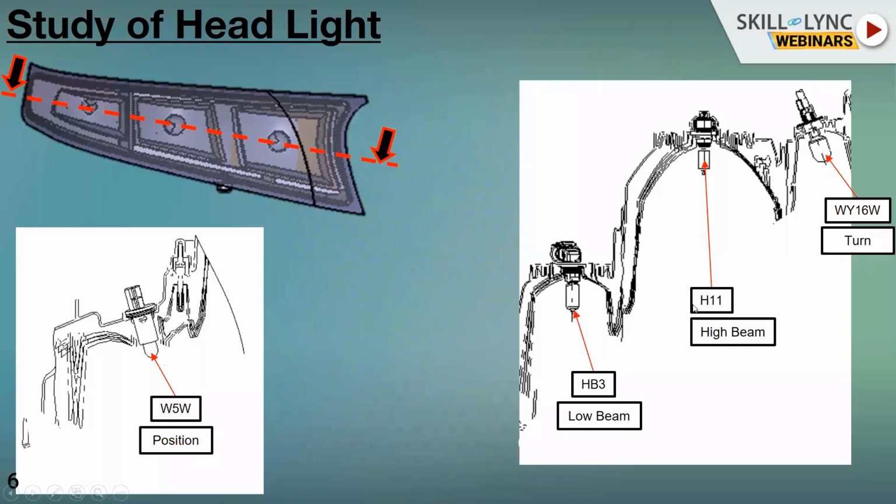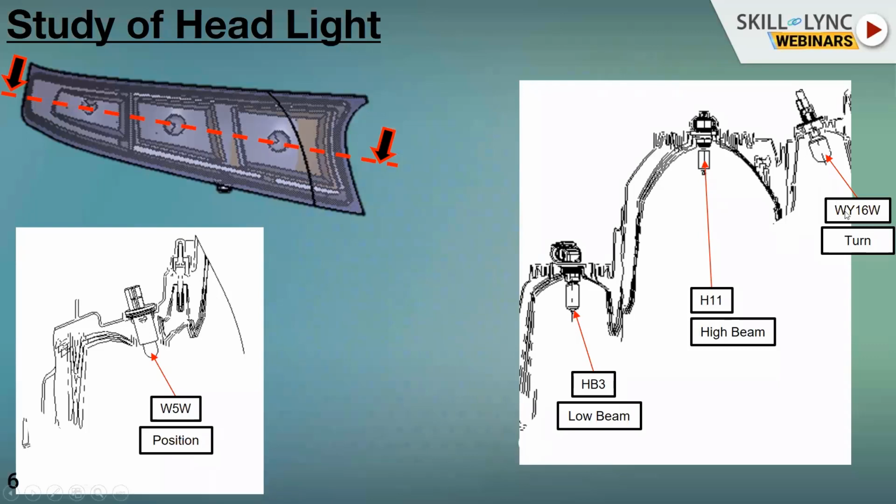Like in the H1, the heat generation is more, so we can check with thermal simulation what the maximum temperature is that we get with this bulb. If we are getting 145 degrees centigrade and our PC has an HDT of only 135 degrees centigrade, we have to change the material. We can choose PBT and PET also. It depends on how much heat is generated by the bulb.